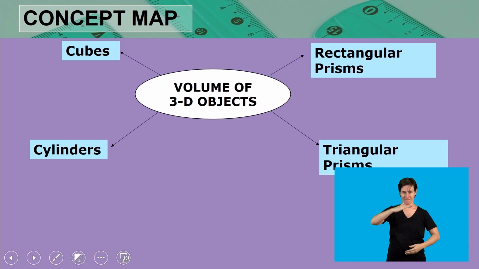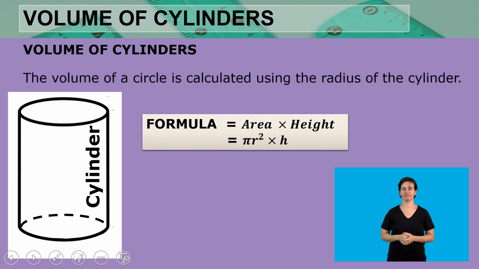Let's go over now to the last point of our concept map, and that is the volume of cylinders. Now, when we are talking about the volume of cylinders, we know that we are going to calculate it using the radius of the cylinder. Again, the formula for volume is the area of the base multiplied by the height of the prism, or in this case, the cylinder.